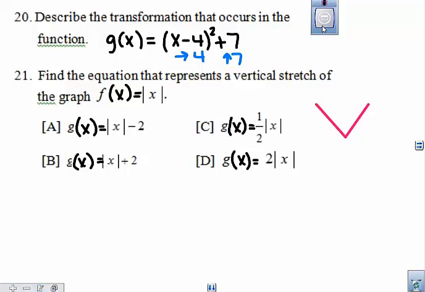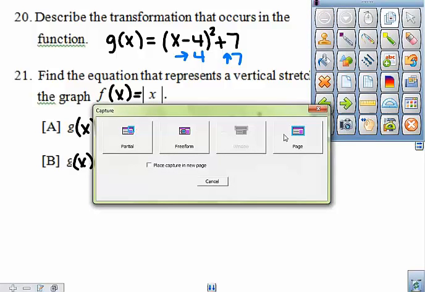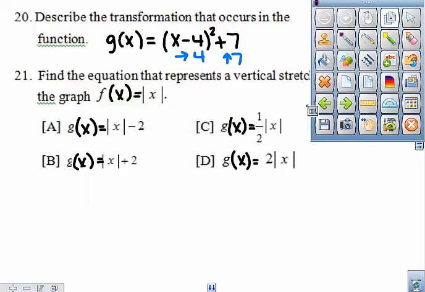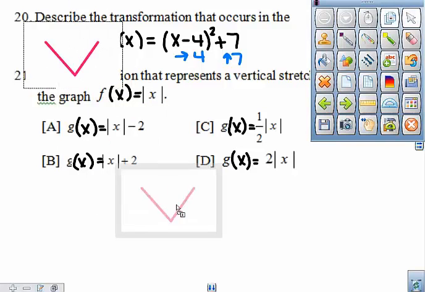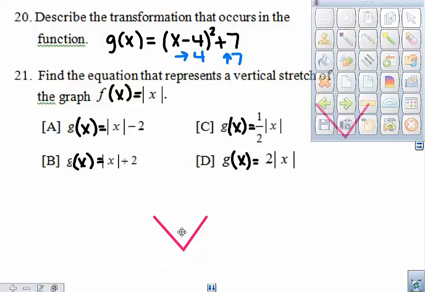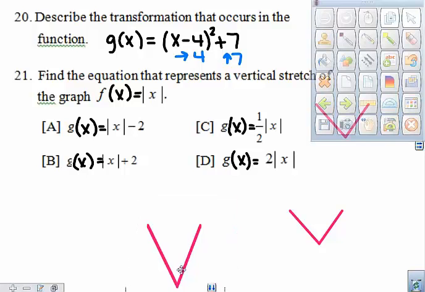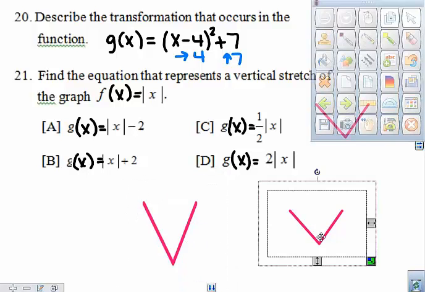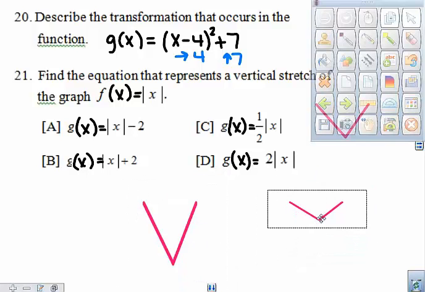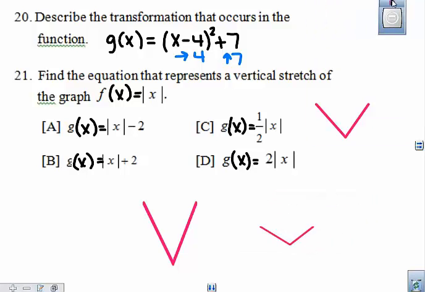If we want to stretch it so that it is taller, or if we shrink it and it looks wider or narrower, what's happening there is your y values are being multiplied by an a.